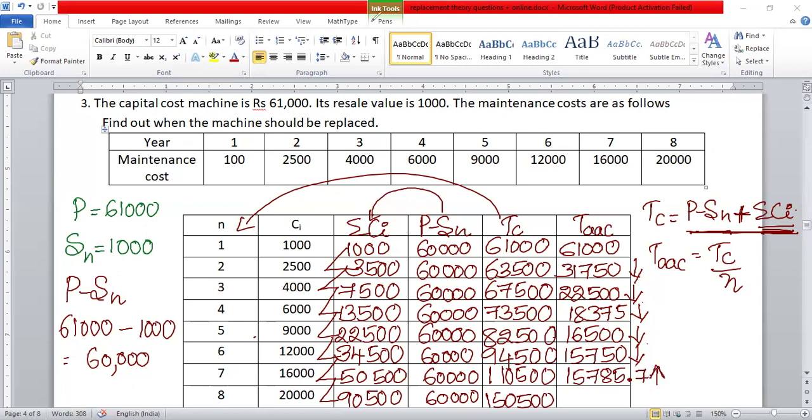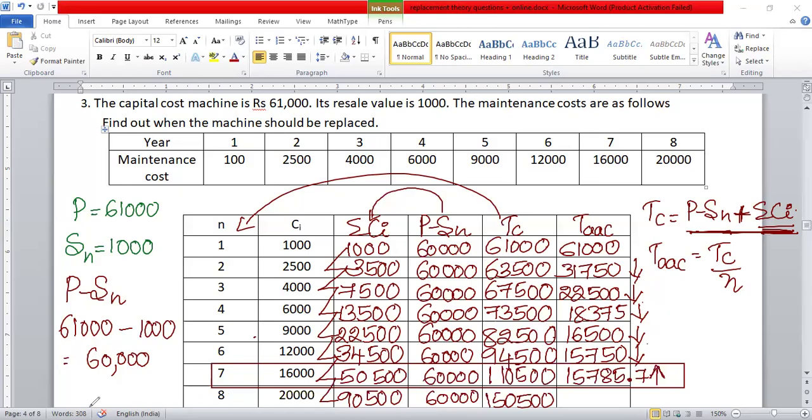No need to worry. So can you tell me which is the last minimum year? That is this year only, the 7th year, 15,785.7, that's the last minimum year. So that year only machine should be replaced.